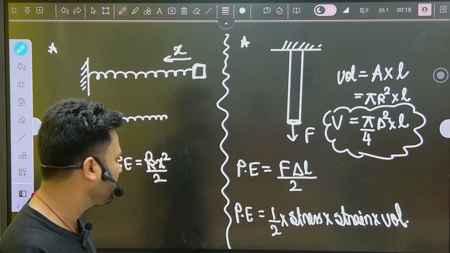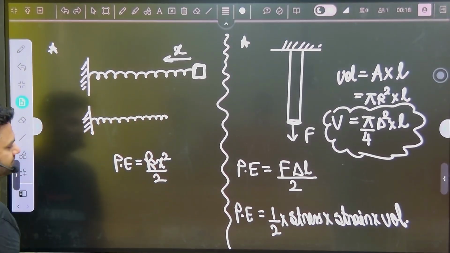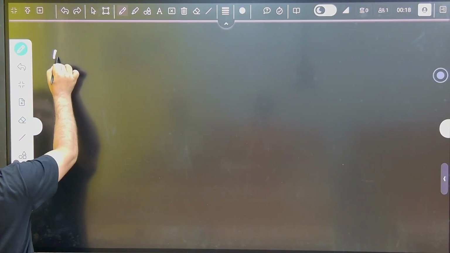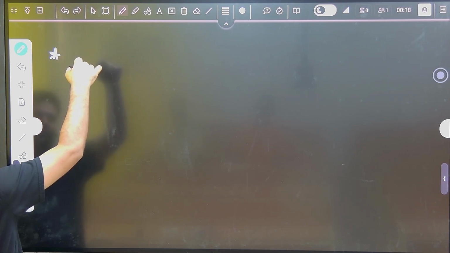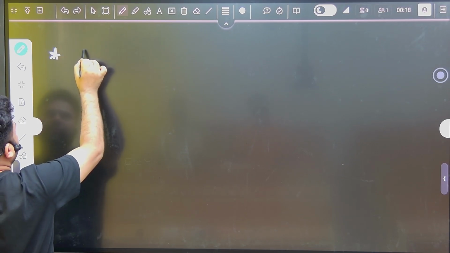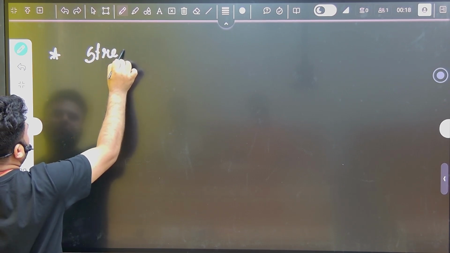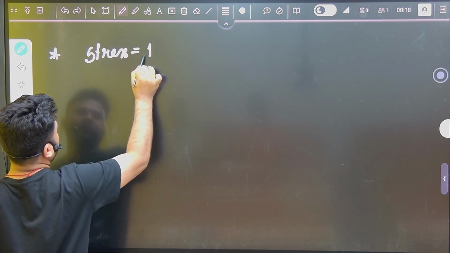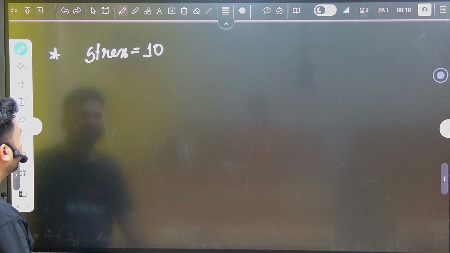Okay. So sometimes what they do, see, they give that, one example I am taking, stress value they have given 10 units. Correct?